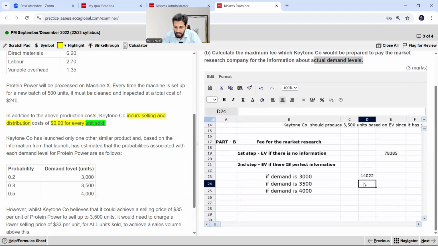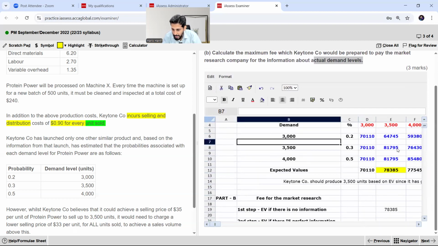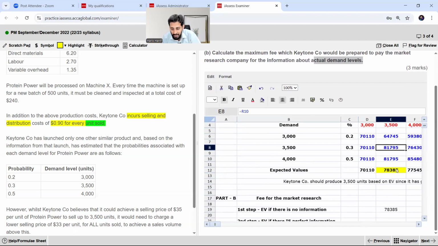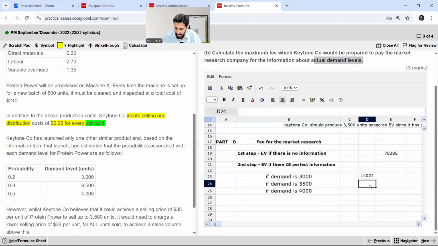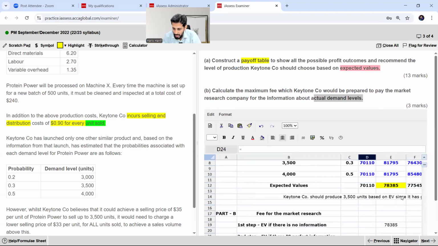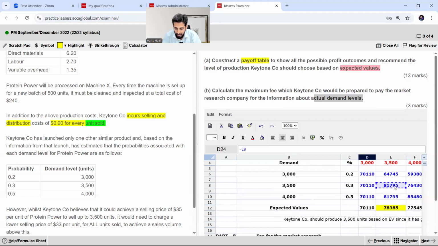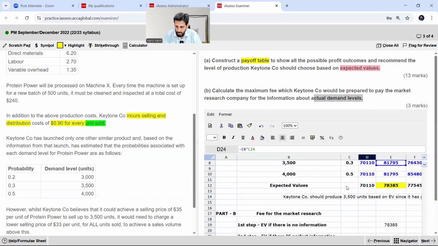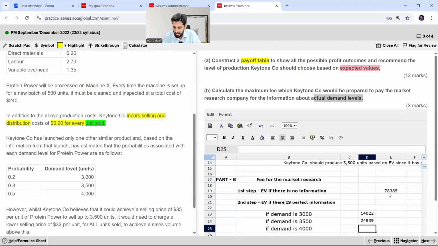Next, if demand is 3500 units, the better option is 81795, equal to 81795 multiplied by 0.3. Press enter, answer.